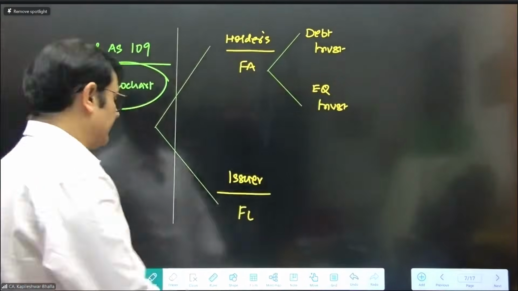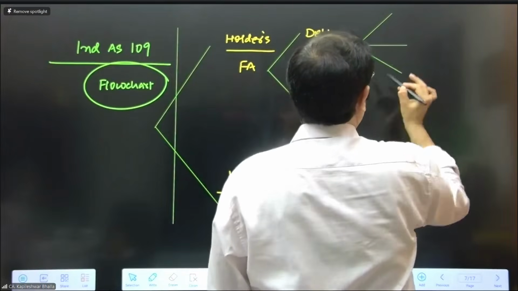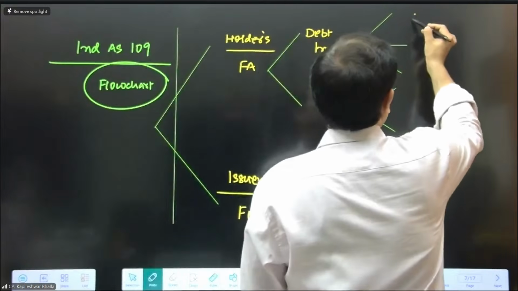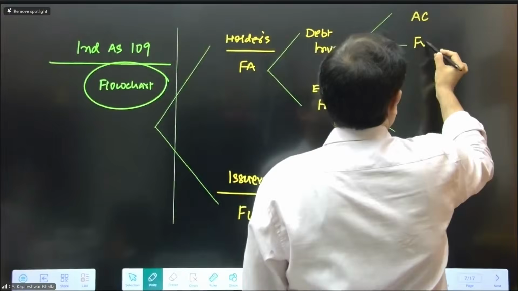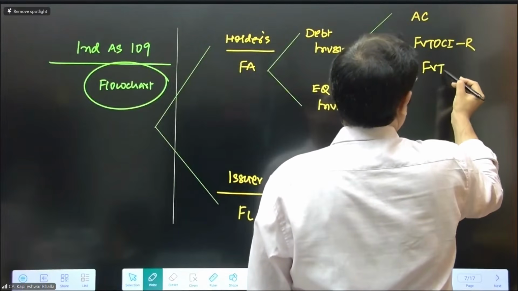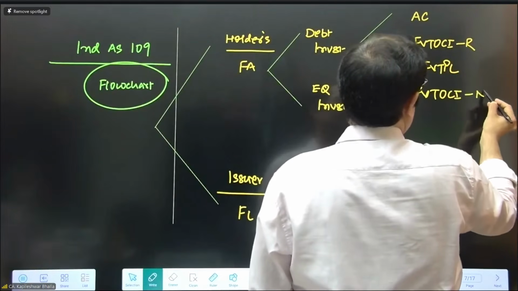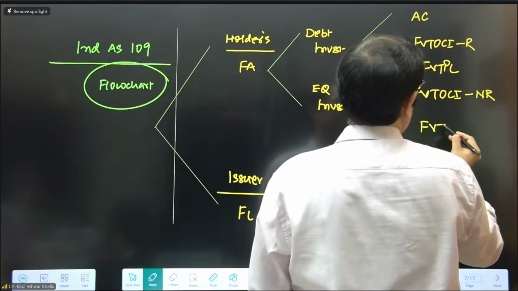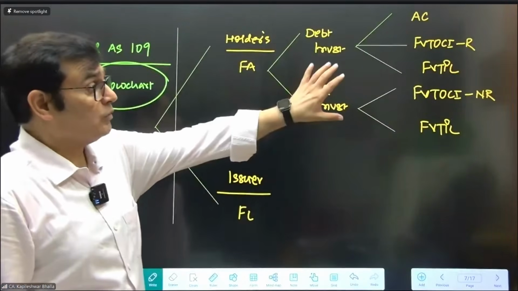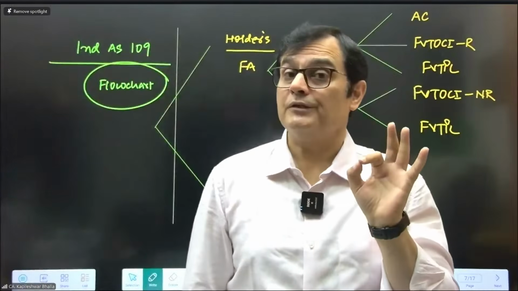Debt investments are further segregated into 3 categories and equity into 2: amortized cost, fair value through OCI, which is recycled, and fair value through P&L. For equity, fair value through OCI is non-recycled, and fair value through P&L. We've already seen this in the last class, where we saw all the 5 cases and I gave you a summary chart of all the accounting treatments.